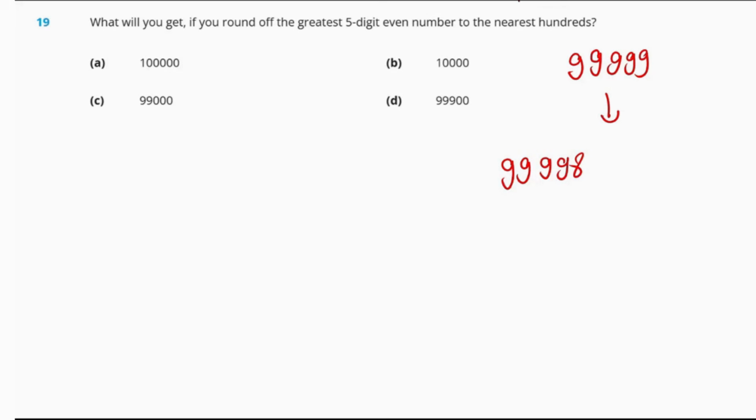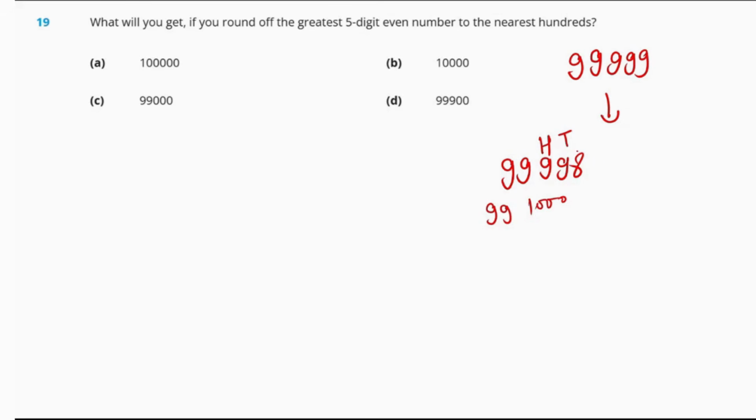Right. Now, what is the question? The question says that we have to round it off to the nearest hundreds, right? So now, whenever we have to round off a number to the nearest hundreds, we have to always check its tens position, right? So at tens place, this number has 9, right? Now, since it has 9 here, how will we round it off? We will round it off into the next number. That is, this will become 99,000 and this will become 1,000, right?